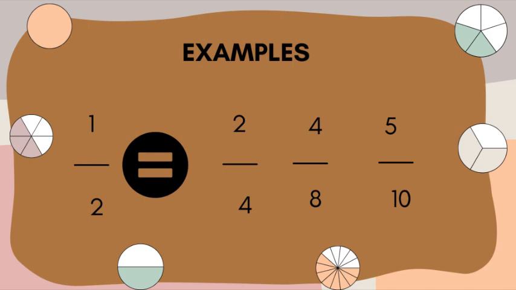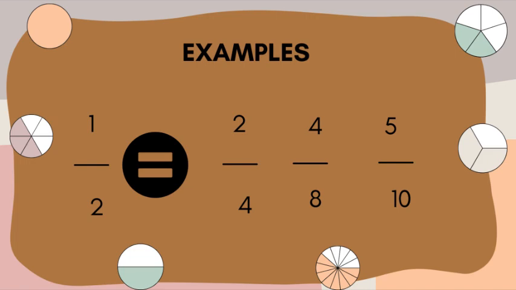So we have a half. It is the same as 2 over 4, 4 over 8, 5 over 10. Why is it the same? Because 2 over 4, 4 over 8, and 5 over 10 can be reduced, and once it is reduced, then we will have a half. So it is an equivalent fraction.